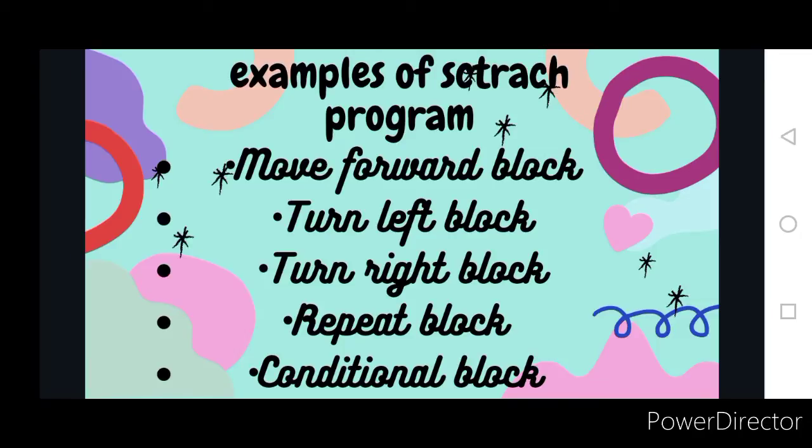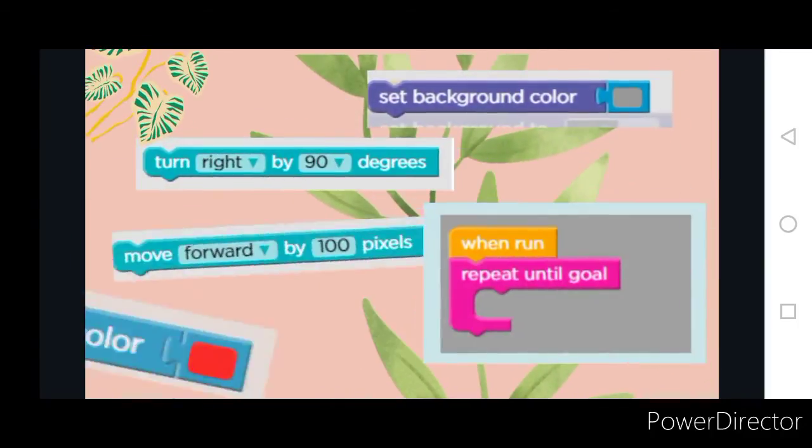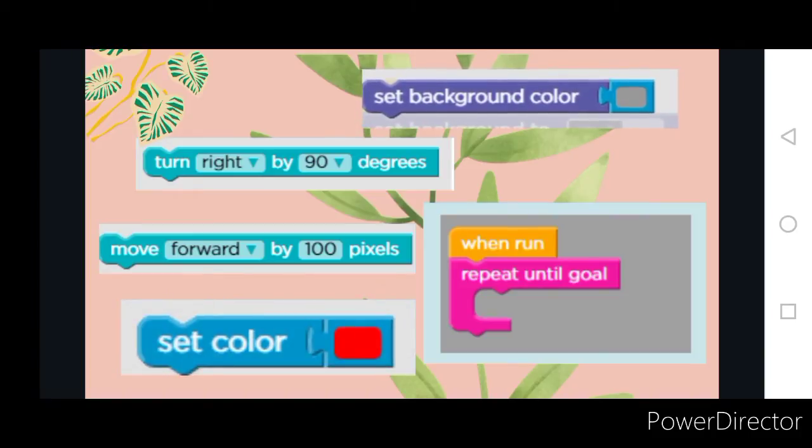All these are examples of Scratch programs. Some of these examples include, like I said, the set background color block, the turn right block, the turn left block, move forward block, set color block, even our repeat block. All these blocks, we are going to be looking at them during our class subsequently.